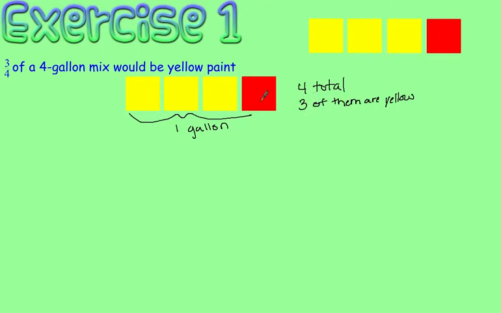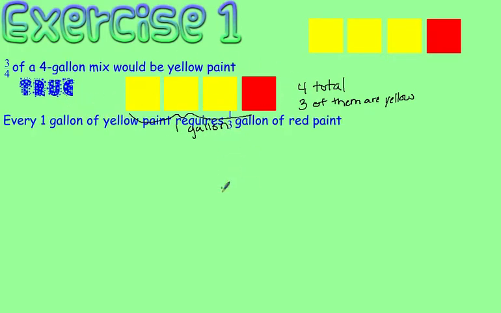So of our mixture, it would be true to say that 3/4 of that 4-gallon mix would be yellow because it's 3 parts yellow to 4 parts total. Okay, we're not including the 1 part red because we're not talking about red. We're talking about 3 parts of yellow to the 4 total.